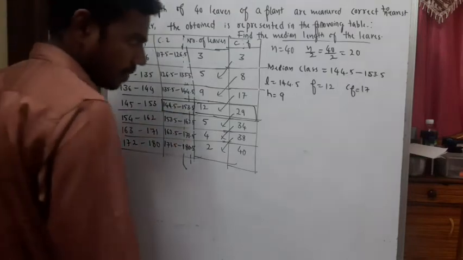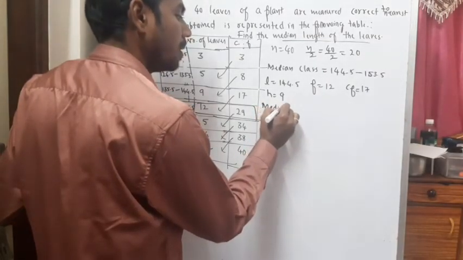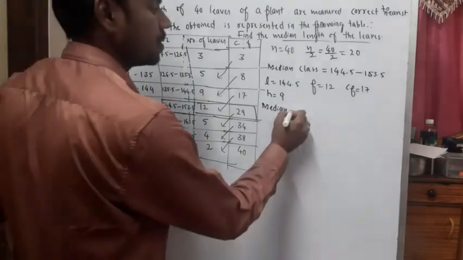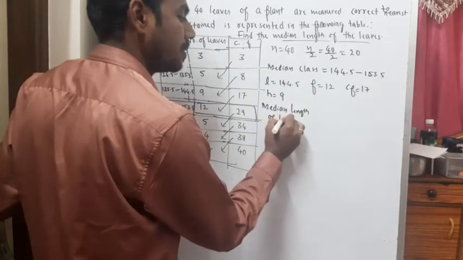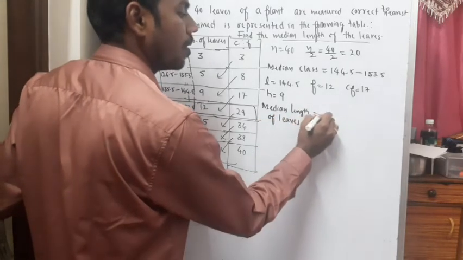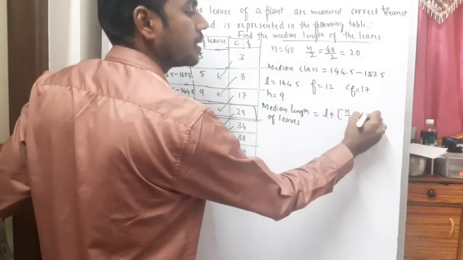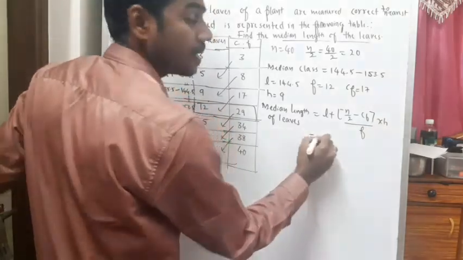So the median length of leaves is equal to L plus n by 2 minus CF, divided by F, into H. What is L?